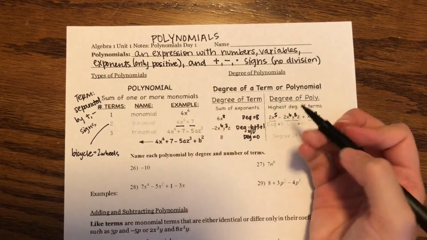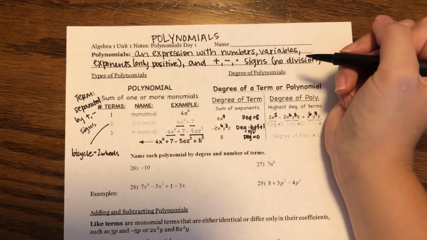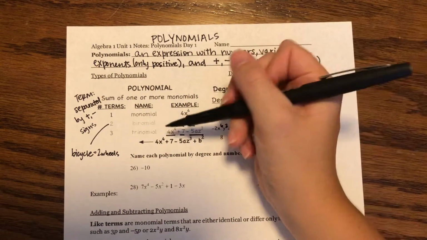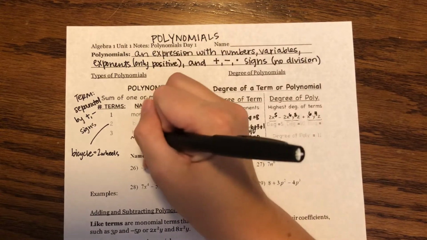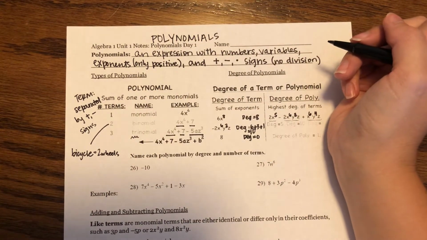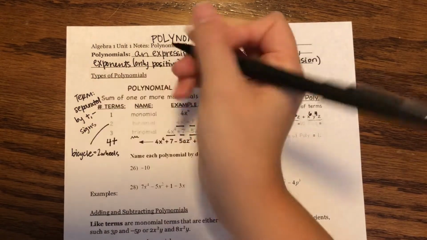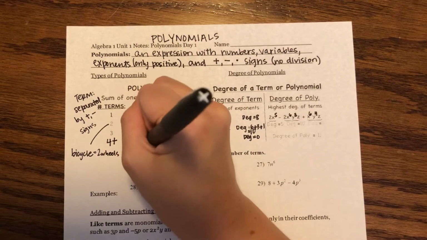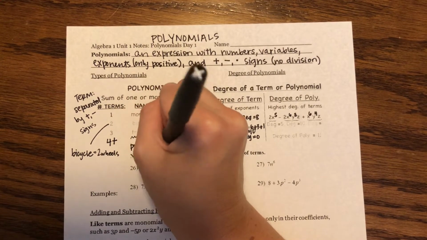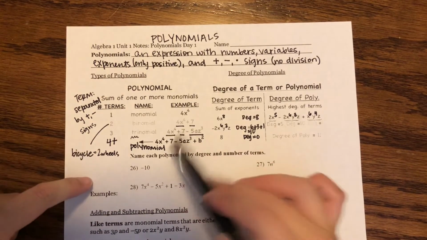Then we have a trinomial, which is 1, 2, 3 terms, okay? So again, kind of like the bicycle, a tricycle has 3 wheels, so a trinomial will have 3 terms. And then if it has 4 or more, we're just gonna call it a polynomial, okay? So we can classify and name the polynomial.